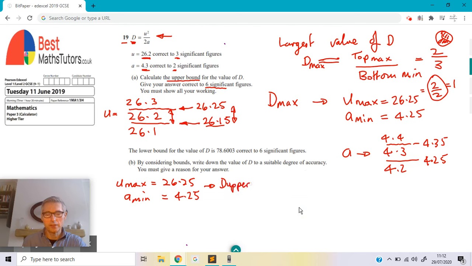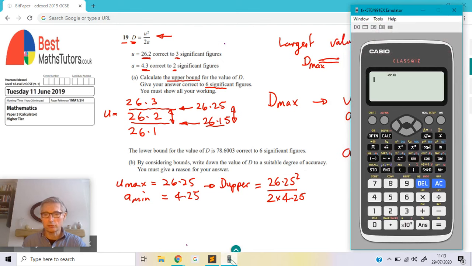So the upper value of D is going to be given by putting in U as its maximum value there. So 26.25 squared, and over 2 times the A value, which is 4.25, the minimum value that A could be.